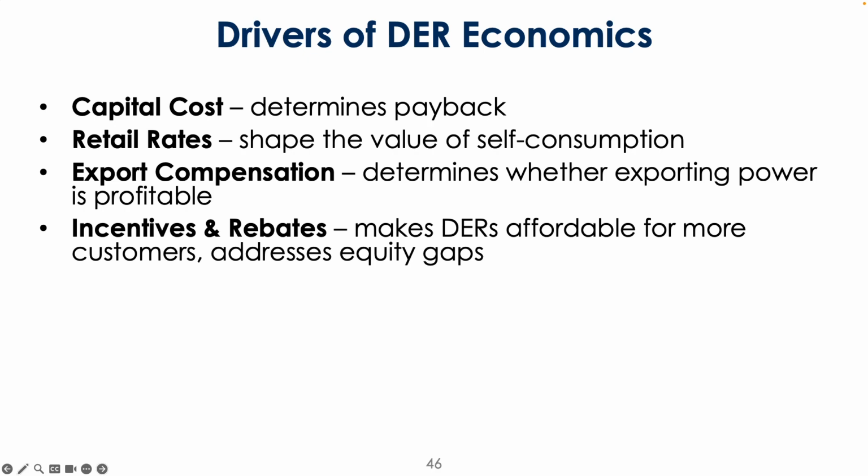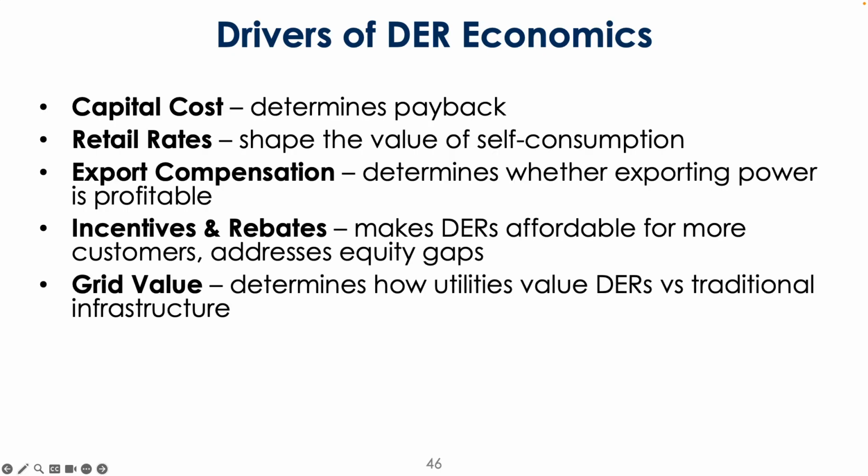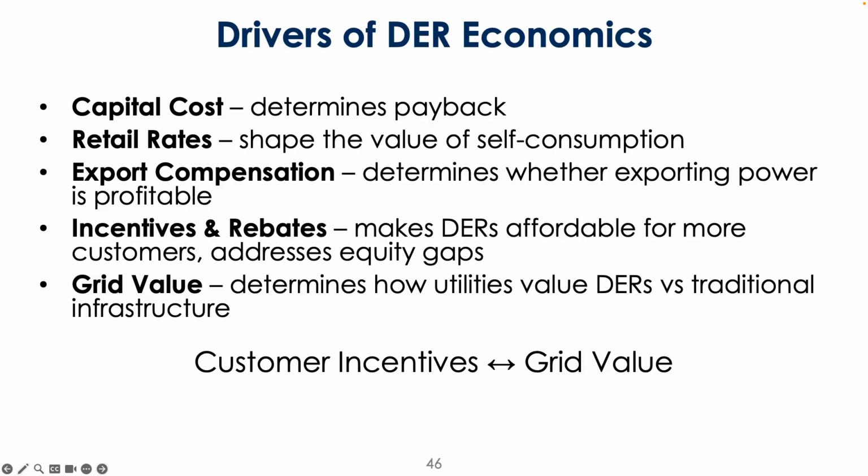Incentives and rebates are an important component to make things affordable and also address equity gaps. And then grid value is the way we determine how utilities value the DERs compared to your wires alternatives. So really, it's this interplay and tug between all of the incentives that the customer has versus what they can extract out of the grid value.